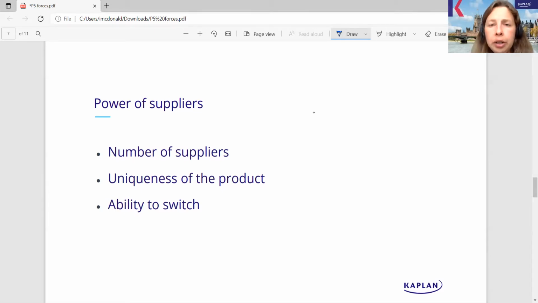If we look at current affairs, currently there is a shortage of microchips. Microchips are an essential component of many electronic devices, including cars.